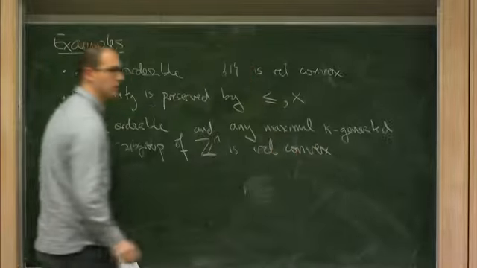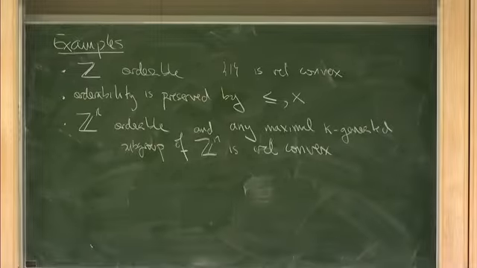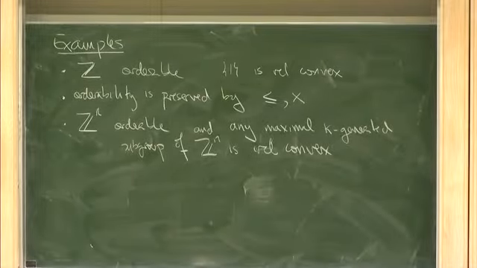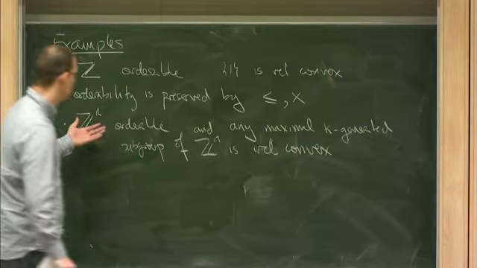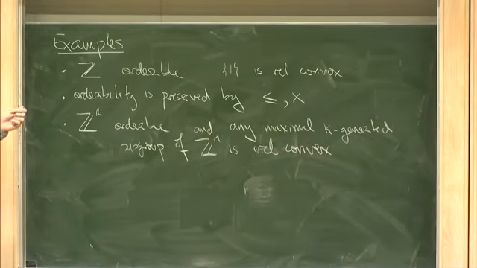It's going to be convex for some order. Okay, why is that? Well, because if you take a maximal k-generated subgroup, the quotient is going to be Z to the n minus k. And then that's orderable, and that was the definition of being relatively convex.